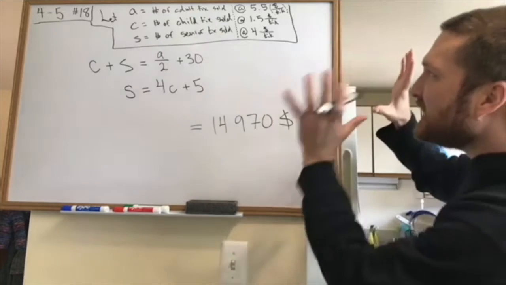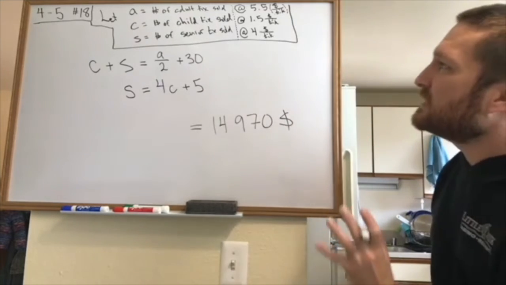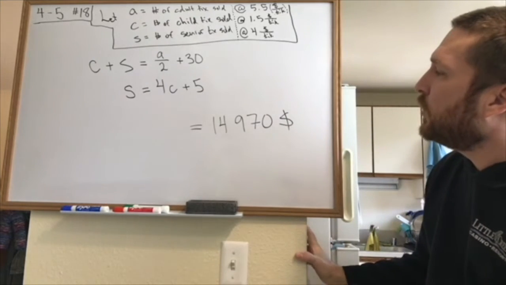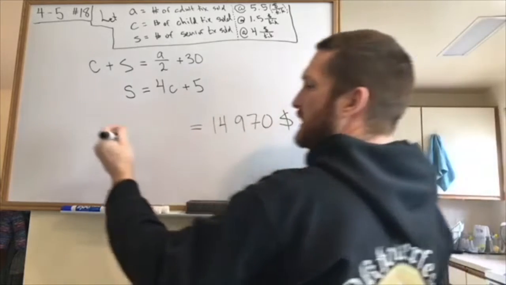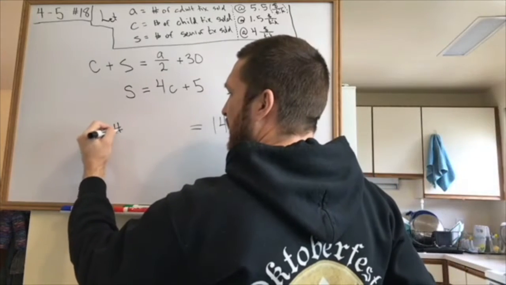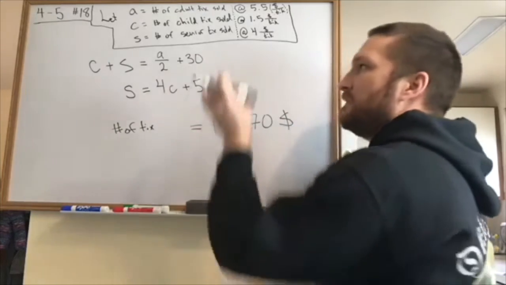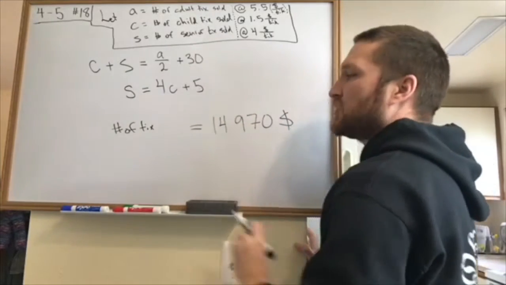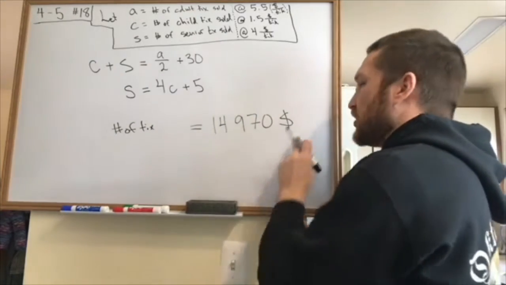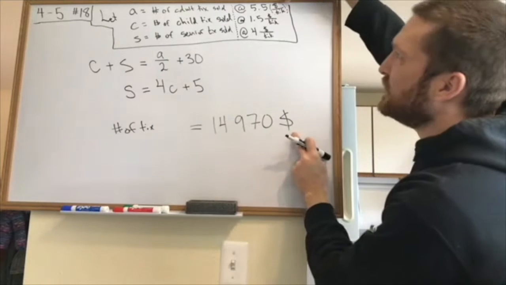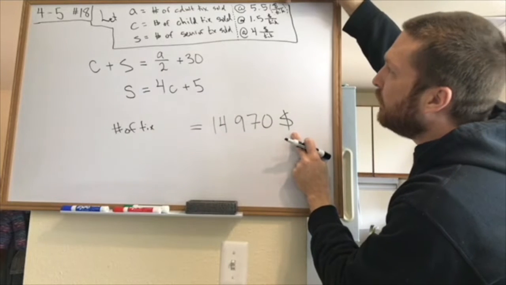And what I'm thinking here is, oh yeah, that's right. They gave me this rate. So just kind of what's going through my head here is if I take number of tickets, in other words, one of my variables, what would I need to do to turn that into money? Well, I'd have to convert it by multiplying, right?